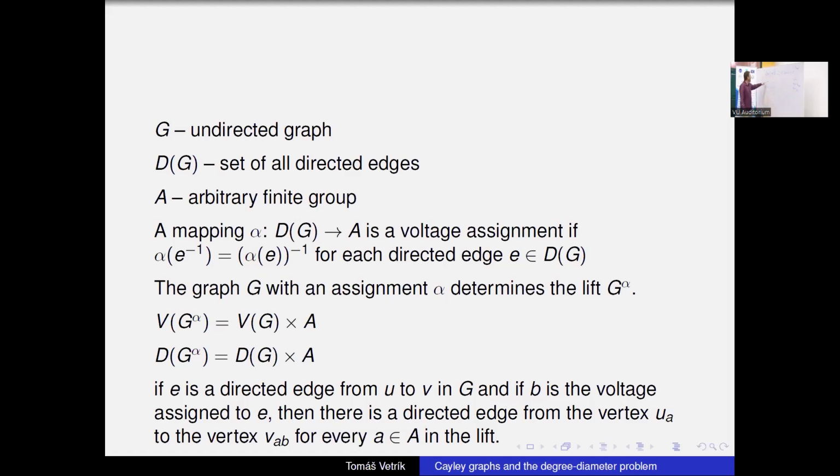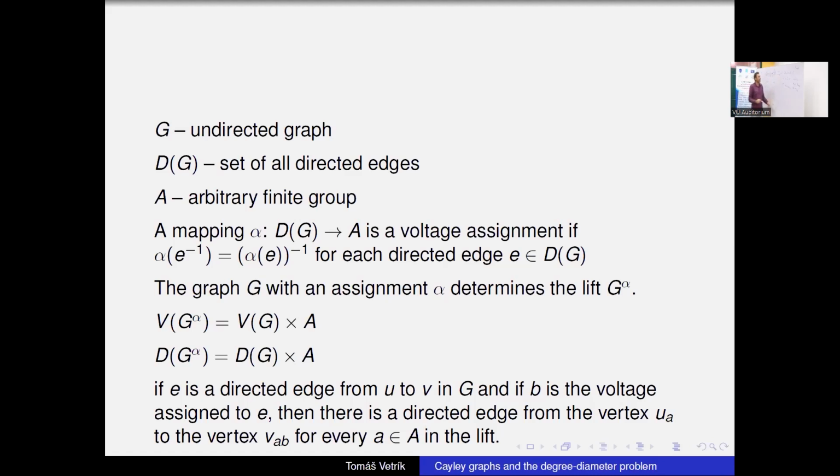However, we also have U connected to U, having 1 there, which means in the lift, in graph G alpha, we will have UA connected to U(A plus 1), the group operation being plus 1.